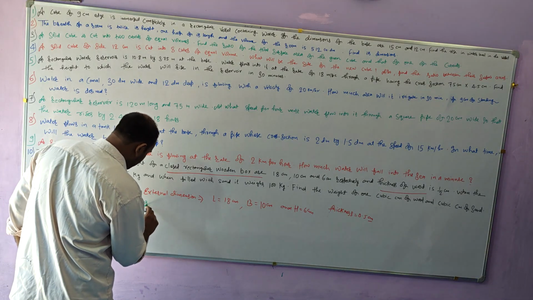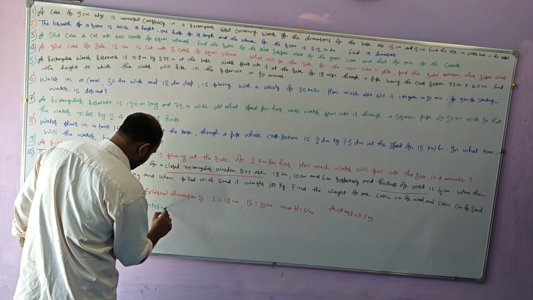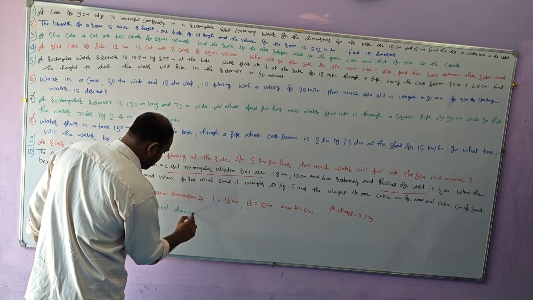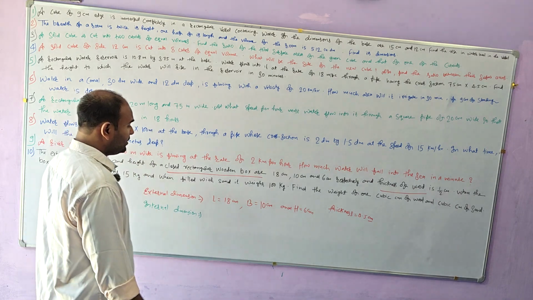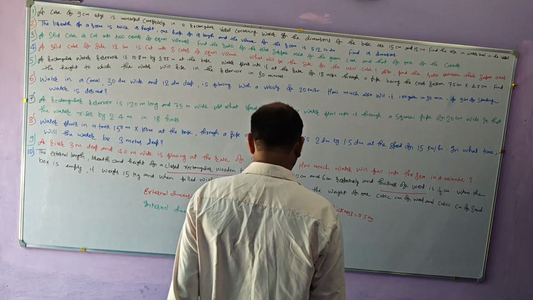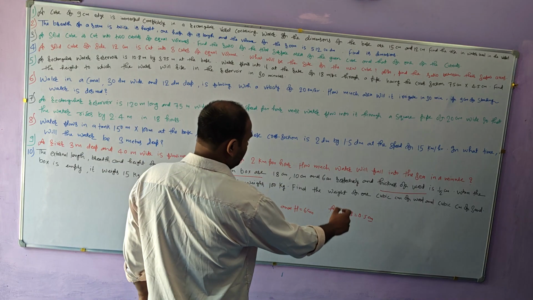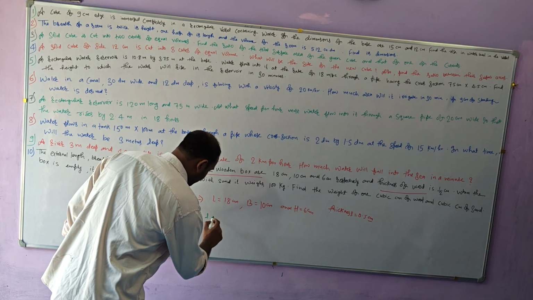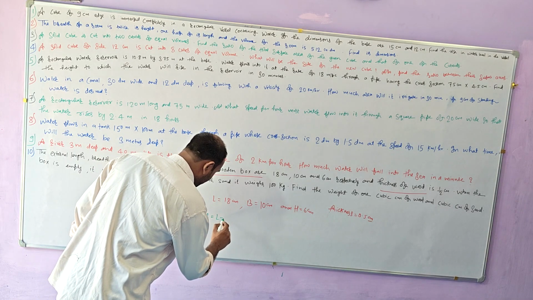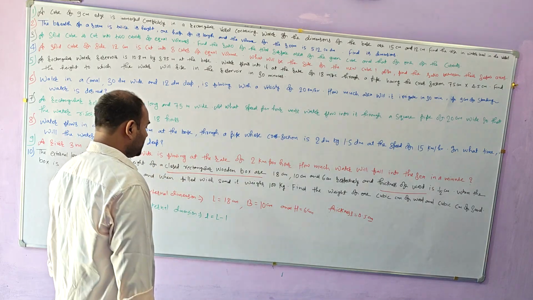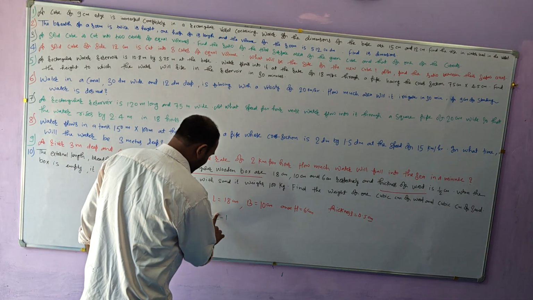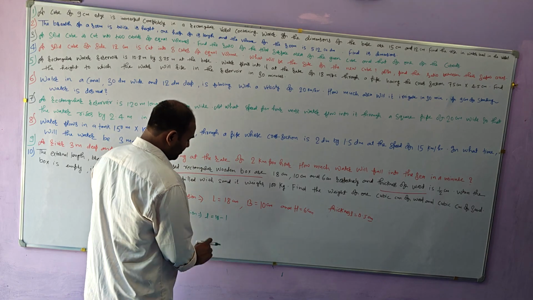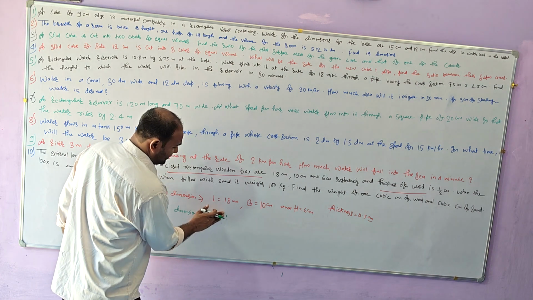We have 2 lengths, so 0.5 into 2 is 1 centimeter. So L becomes L minus 1, that is 18 minus 1, which becomes 17 centimeter.